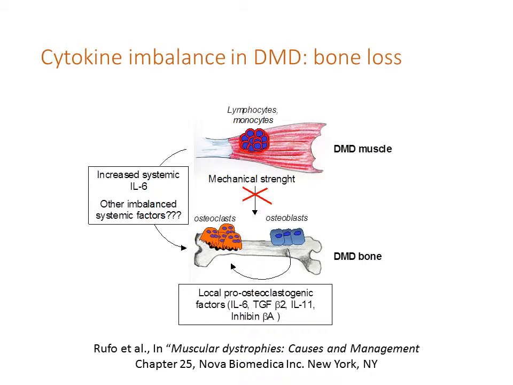So this induces a reduction of osteoblast activity and an increase of osteoclast activity, which lead to the bone loss. So probably by counteracting the deleterious effect of interleukin-6, we could improve the bone and muscle phenotype in Duchenne muscular dystrophy.